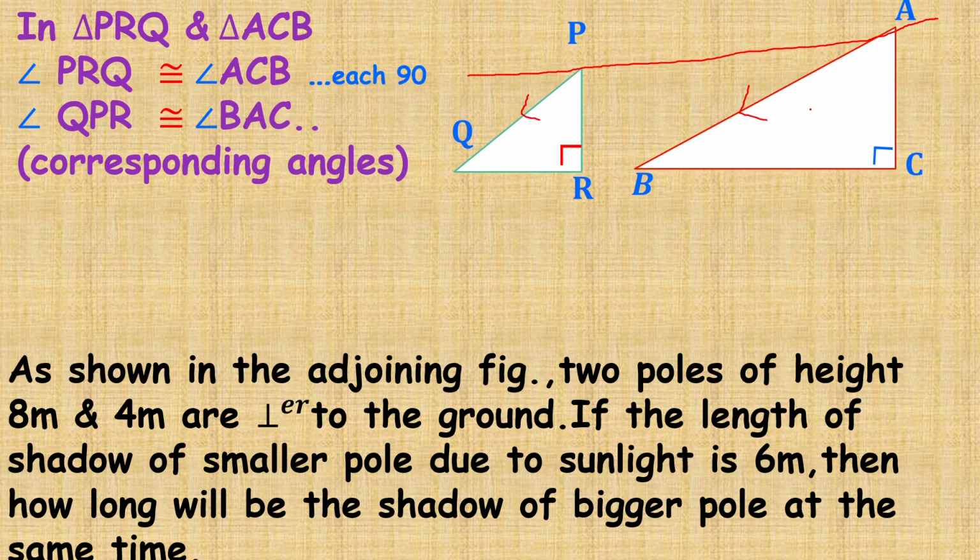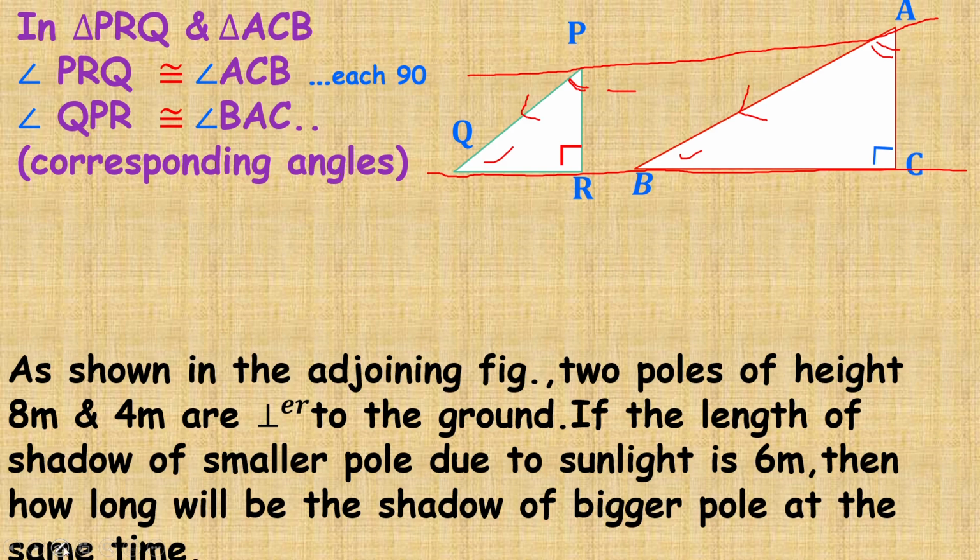If PR is parallel to AC and AP is the transversal, then angle P is congruent to angle A because these are a pair of corresponding angles. And take the parallel lines PQ parallel to AB, where they intersect the ground, the angle formed here will also be congruent because these are corresponding angles made by parallel lines PQ and AB with the ground.